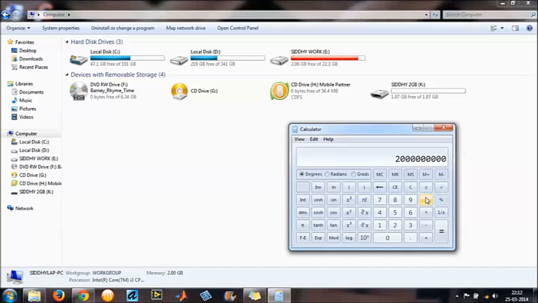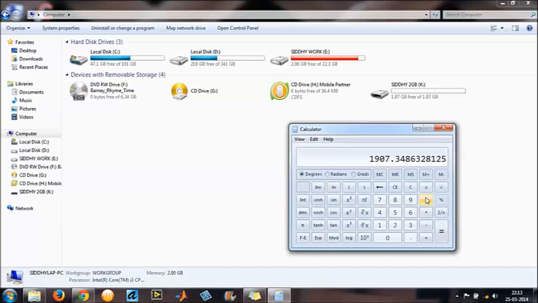So these are the total number of bytes that the manufacturer has proposed in his device. Let me first convert it to kilobytes by dividing by 1024, since 1024 bytes make 1 kilobyte. It will give you the number of kilobytes. Then again divide by 1024 to get the value in terms of megabytes.